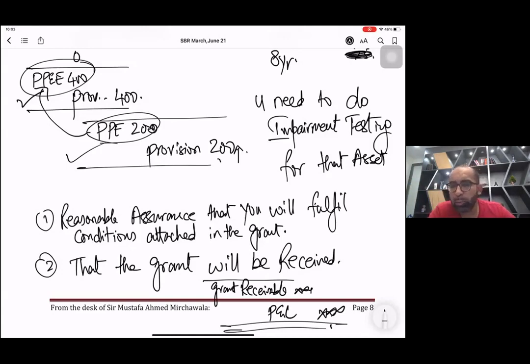So these are the two driving conditions of IS 20. If you want to recognize a grant, you must fulfill these two. Now, students, my question to all of you, one question. Do you think we have satisfied these two conditions by the year end?